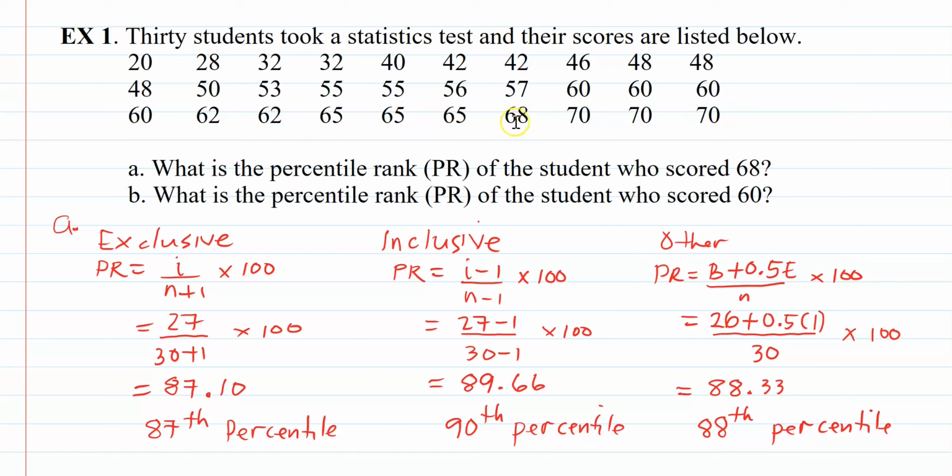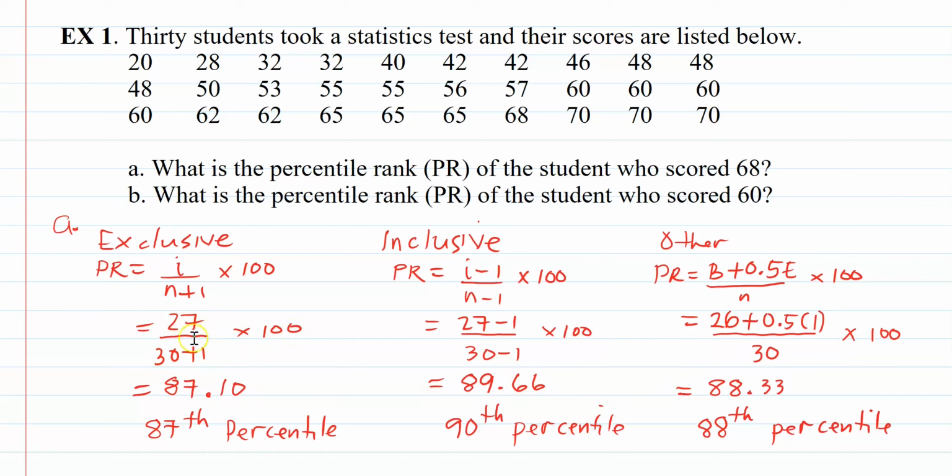So the position number for the score of 68 is 27 from the lowest score. So our i is 27, and then we divide it by n plus 1. Our n is 30, so 30 plus 1, and then multiply it by 100.